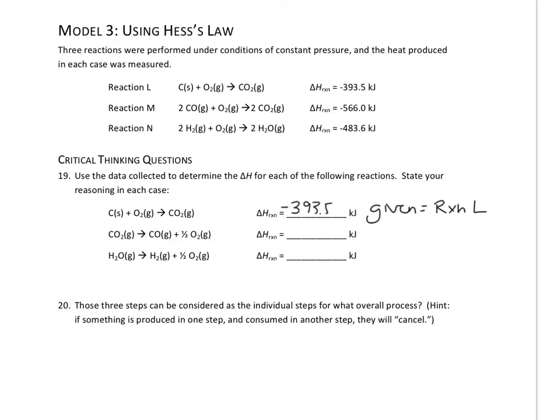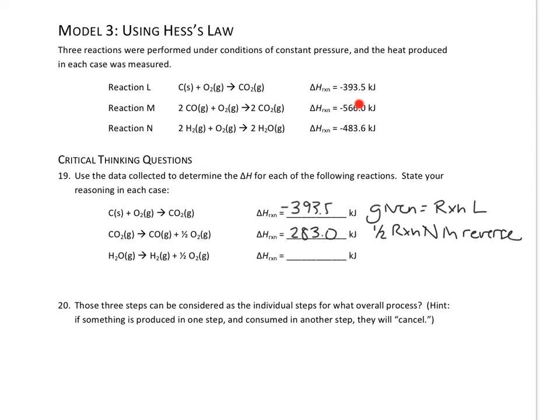And we did this once before. So if you go back to Model 2, you'll see that we've already done this once. And what we found was the enthalpy for reaction was 283.0 kilojoules. So this is half of reaction N in reverse, which is why it has a positive value, because we reversed it.